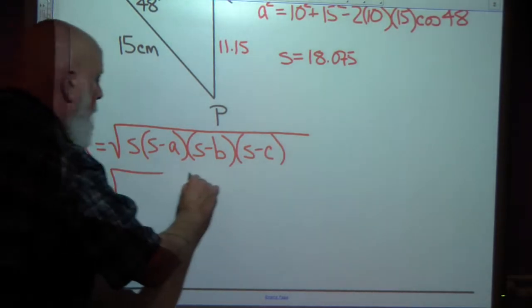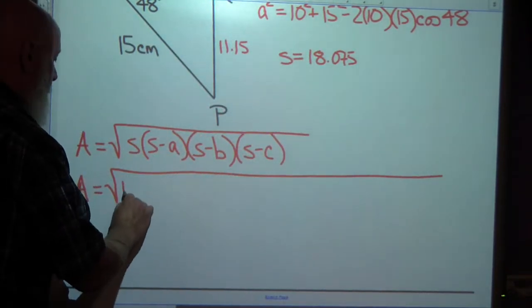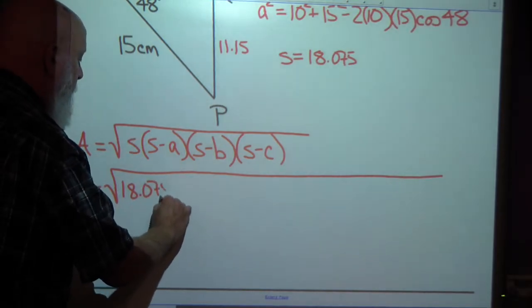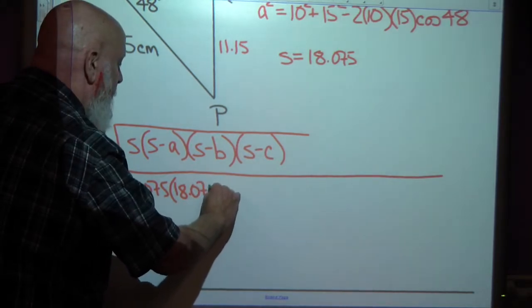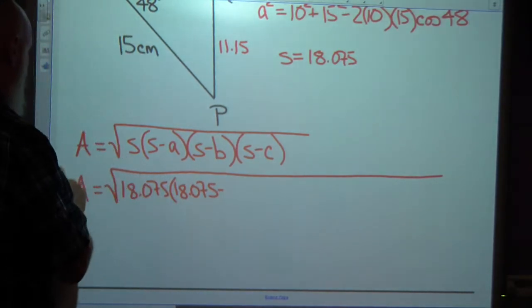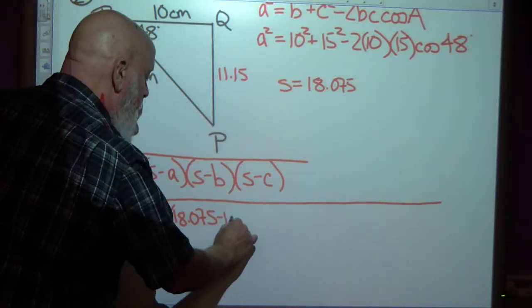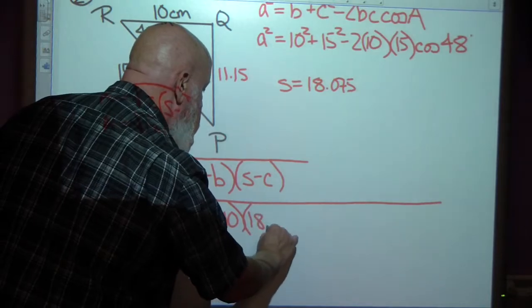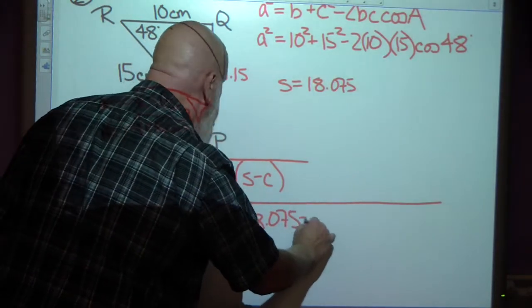So here we go. S is 18.075 times 18.075 minus A. It doesn't matter which one I call A, I'm just going to make sure I get all three of these in here. Do these in any order.